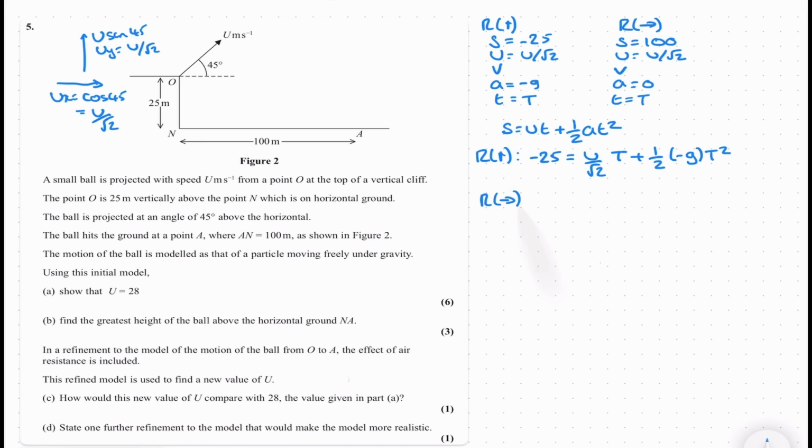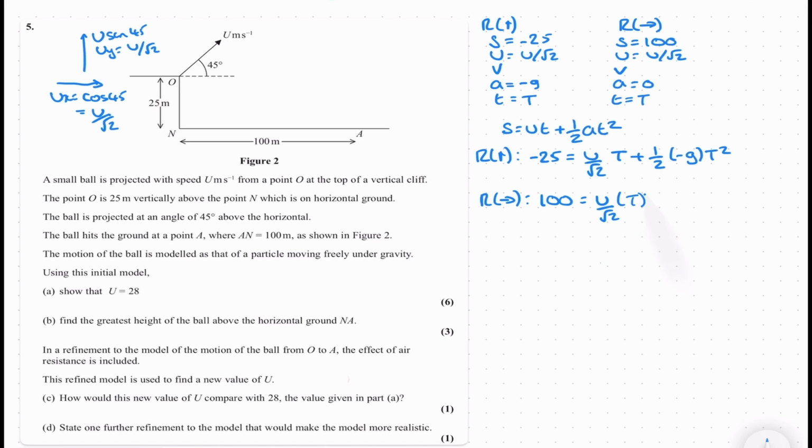Resolving horizontally, we'll have 100 will be u over root 2 times the time, and because the horizontal acceleration is 0, this term will become 0, so we'll just leave that as ut over root 2.